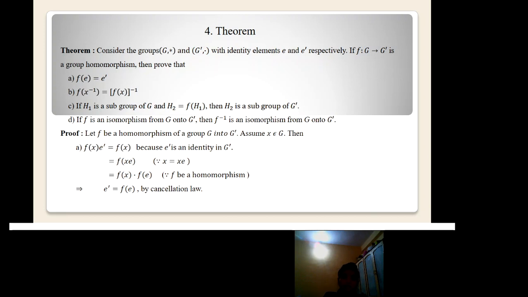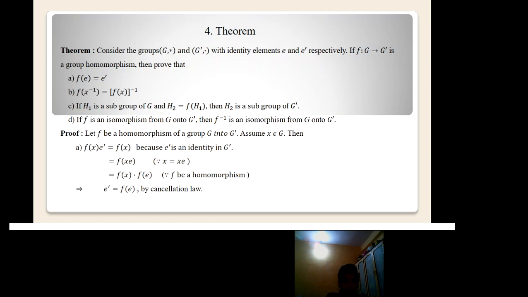Second, f of x inverse equals f of x, bracket inverse. Third, if H1 is a subgroup of G and H2 is f of H1, then H2 is a subgroup of G dash. And fourth, if F is an isomorphism from G onto G dash, then F inverse is an isomorphism from G dash onto G.